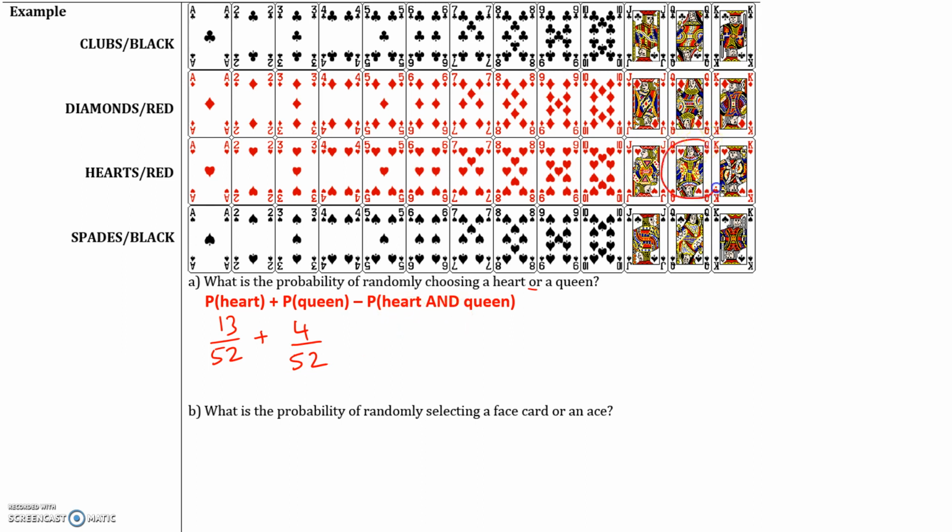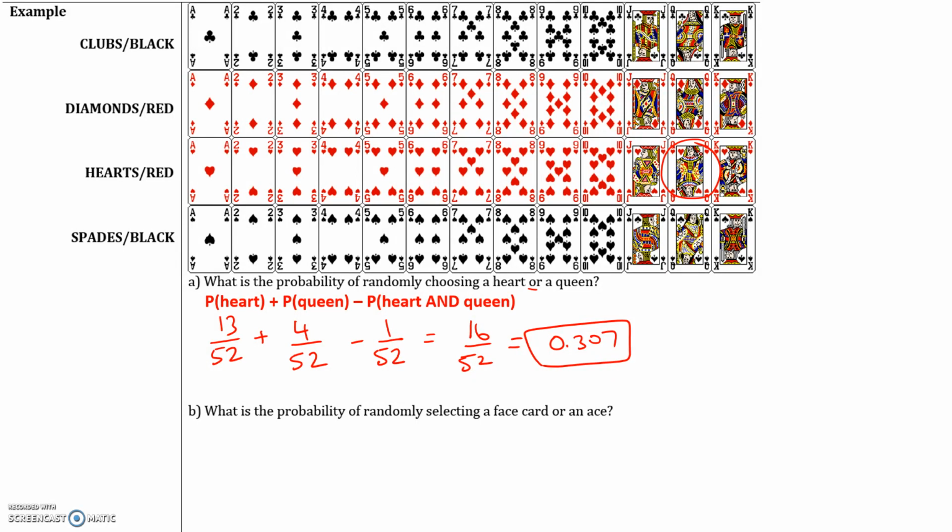Well, there's only one heart that's a queen, so it's going to be minus 1 over 52. If we simplify this, this will give us 16 out of 52, or 0.307. So the probability of randomly selecting one card and the card being either a heart or a queen is 0.307.